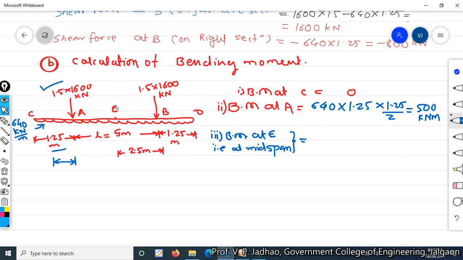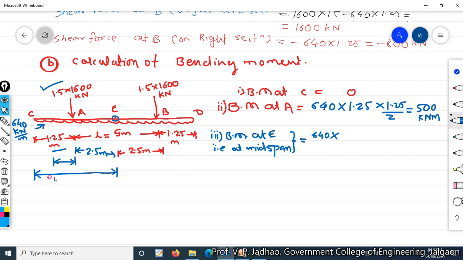Due to uniform upward soil pressure, the bending moment will be positive. Therefore consider this as 640 into the distance, 1.25 plus 2.5 meter, so that comes out to be 3.75 meter.